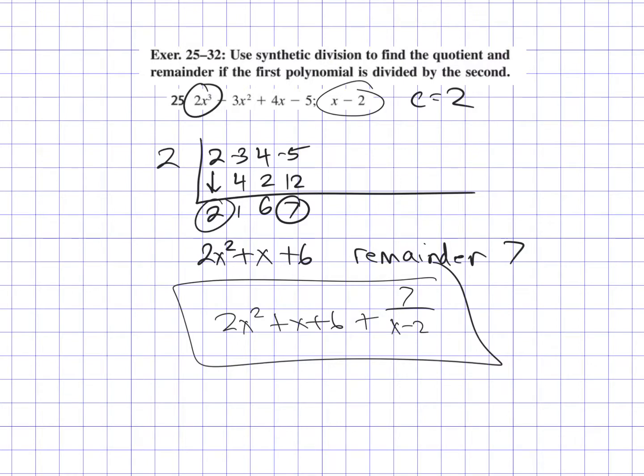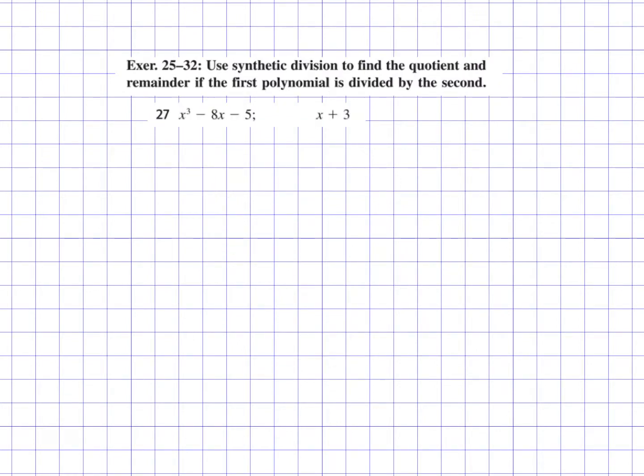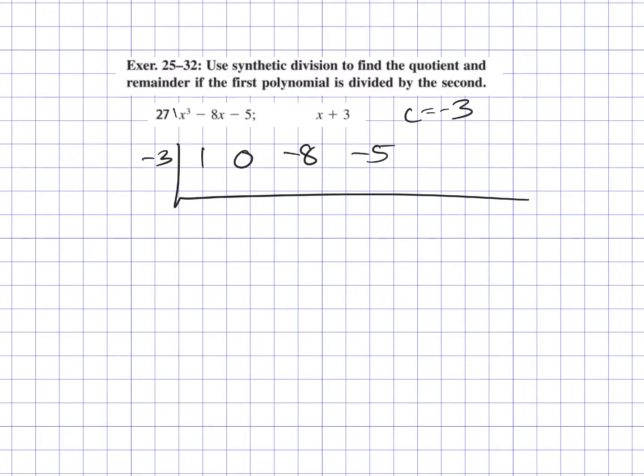All right, 27. Okay, so again, C is -3 here. Using synthetic division, make sure you have placeholders. So you have a 1 x cubed, you have a 0x squared, you have a -8x, and a -5.